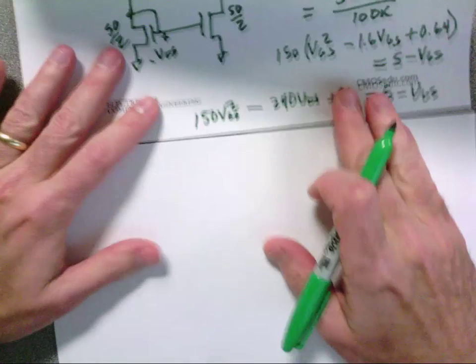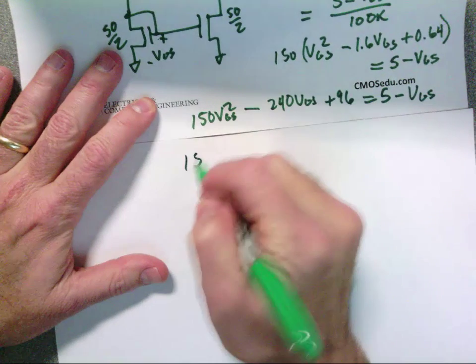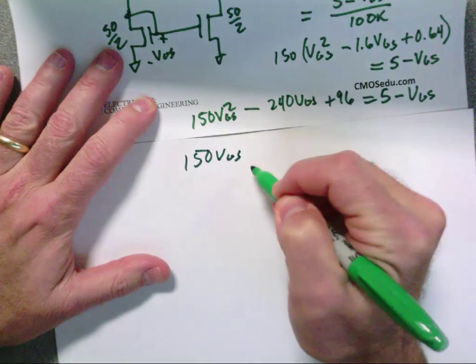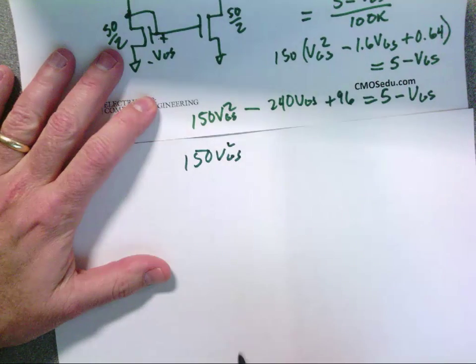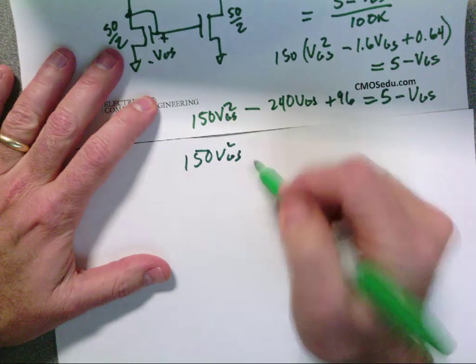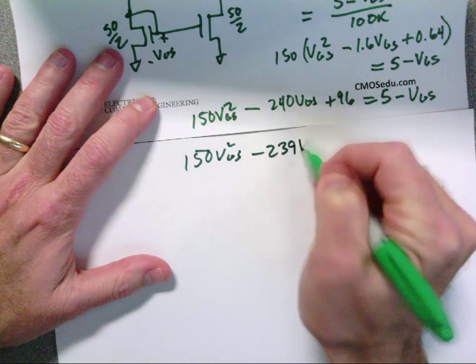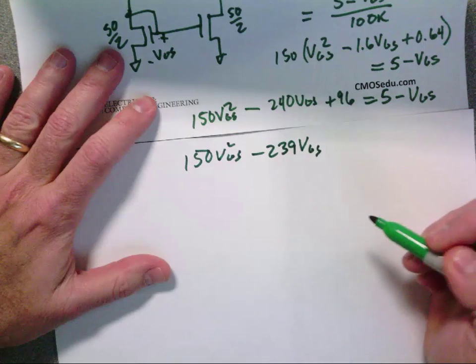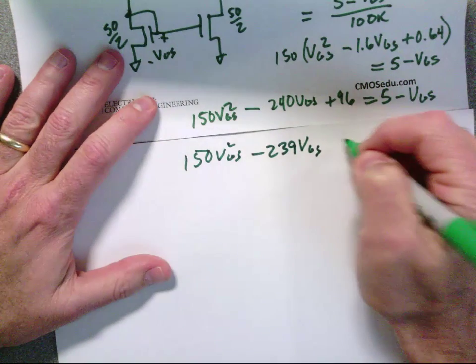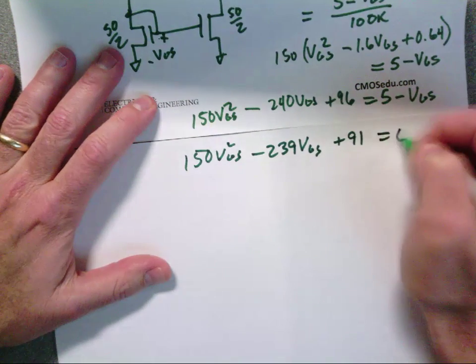And then I go over here and I write that 150 VGS squared minus 239 VGS plus 91 equals 0.